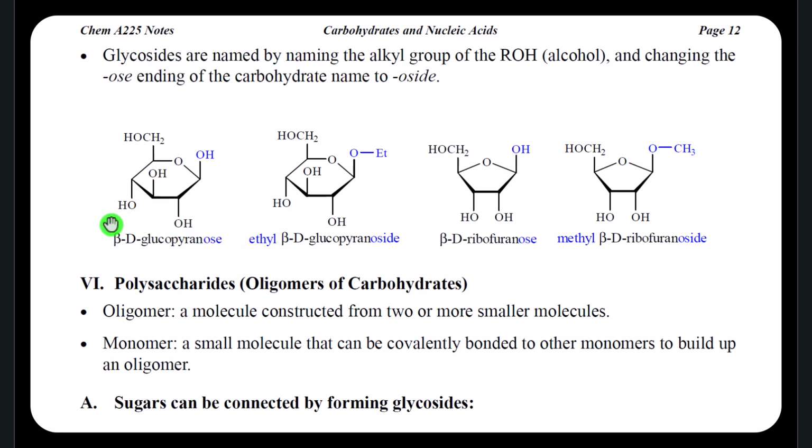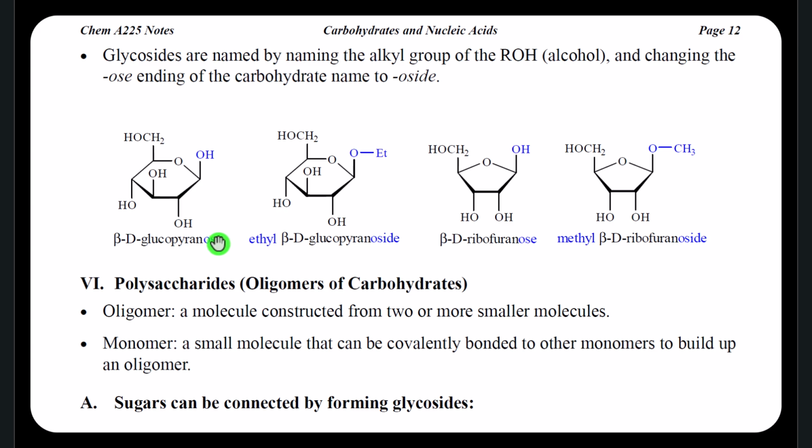Now, we've already talked about how to name the cyclic forms of sugars by inserting into the name either pyran or furan, depending on whether they are 5 or 6 membered rings. We also discussed how the names of sugars, whether cyclic or open, end with -ose.